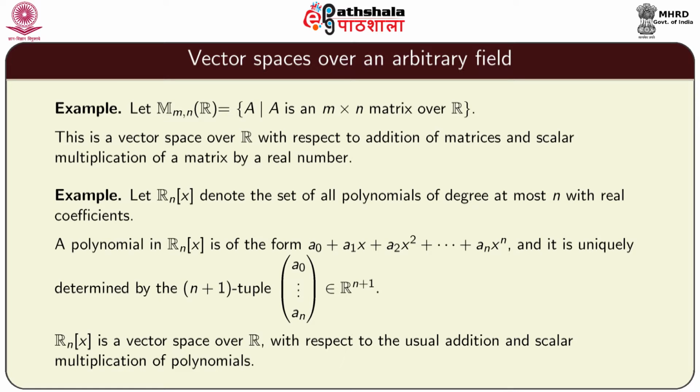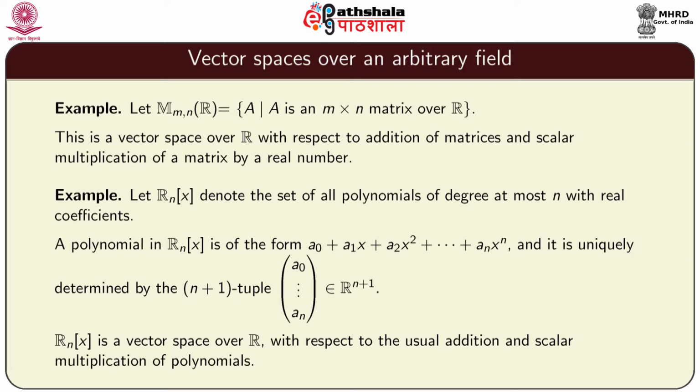Now, this is a very, very important one, which we denote by M_{m,n}(R), which is the collection of all m cross n matrices with real entries. Here again, in order to call it a vector space over the field of real numbers, we surely need two operations. One is addition and another is scalar multiplication.